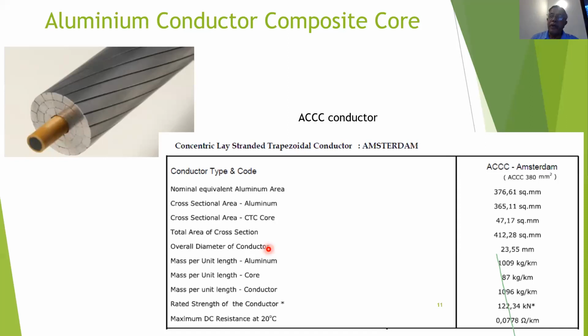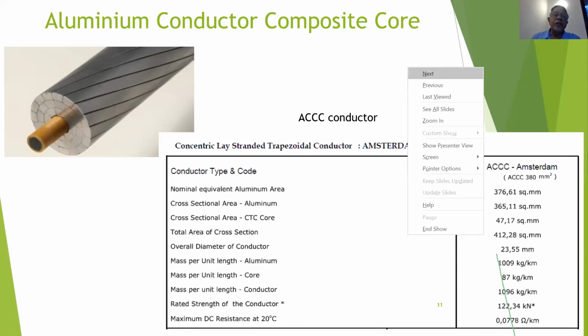Total area of cross section is given here, and overall diameter and maximum mass per unit length, and maximum DC resistance, and also maximum AC resistance is given somewhere here.